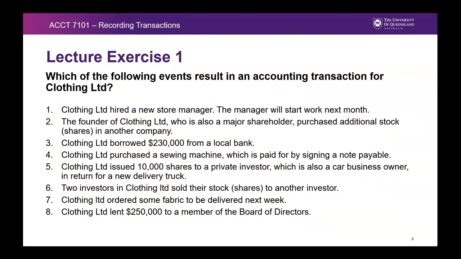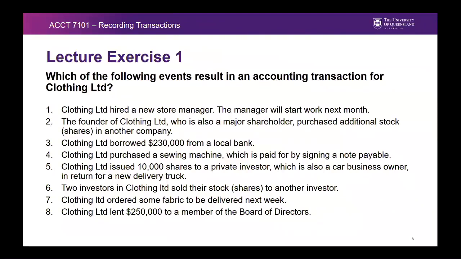Then number seven, Clothing ordered some fabric to be delivered next week. Would we record seven? Yeah, we probably would, because even though it's to be delivered next week, we've entered an agreement or a contract to acquire an asset, and we've incurred a liability.